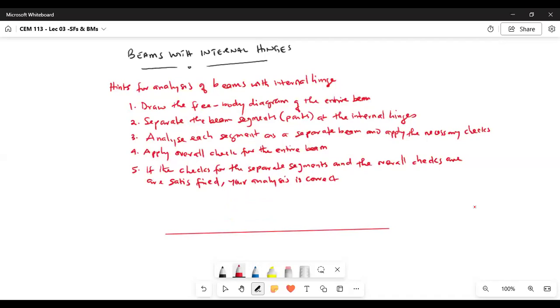So let's say this side is a fixed support. And let's say this side is a roller support.